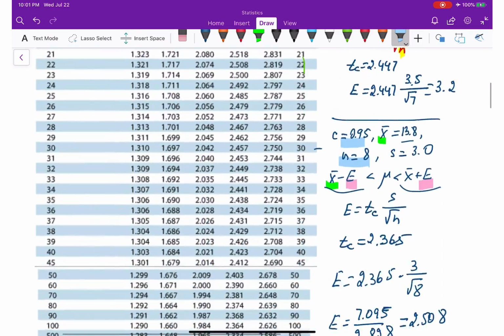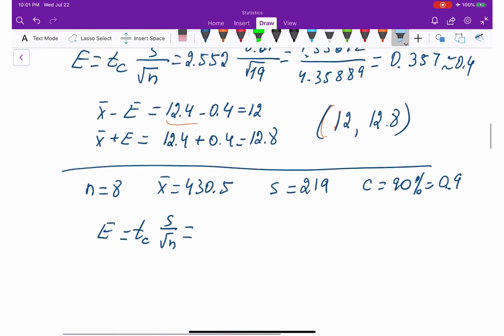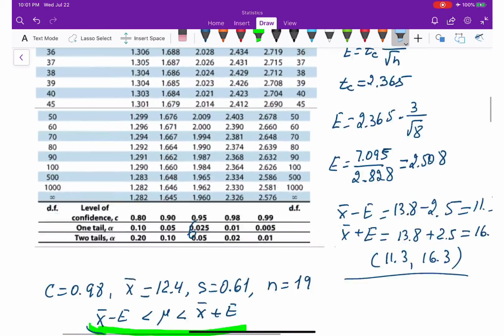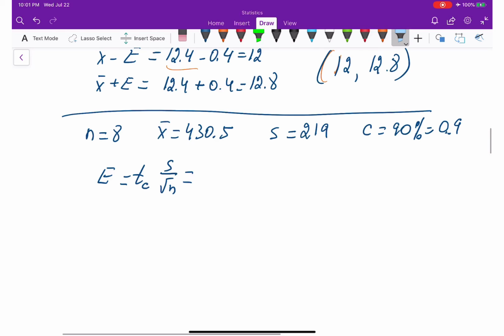We have 1.895 times s, which is 219, and n is square root of 8.